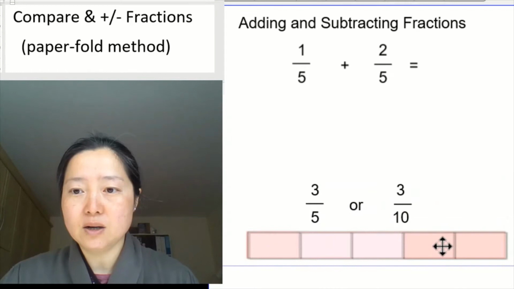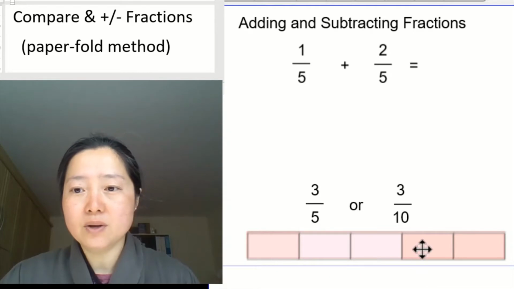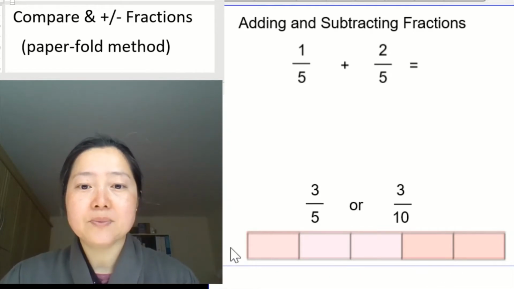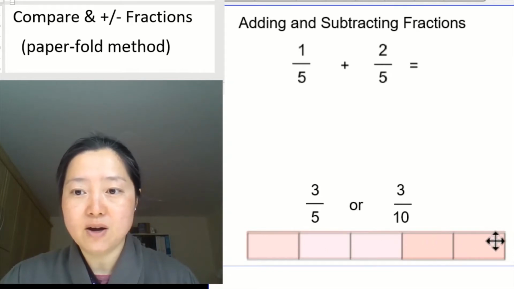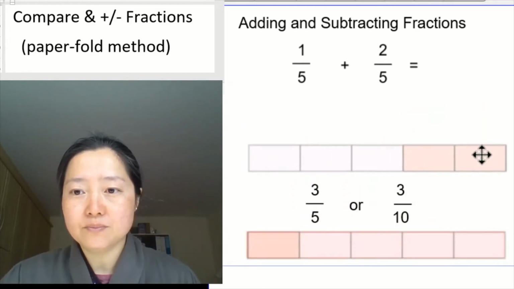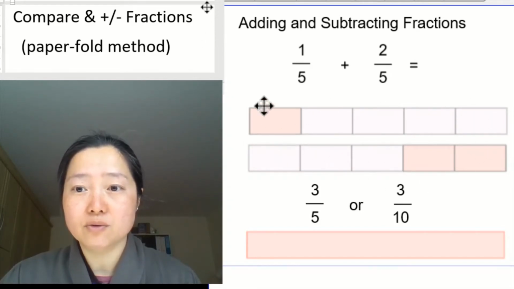Okay, so if we lay them on top of each other, the outcome is that it's 1, 2, 3 pieces out of the whole one, which is 5 pieces. Yeah, because that bar represents a whole one, not 2 of those bars. 2 of those bars are actually a total of 2 now.